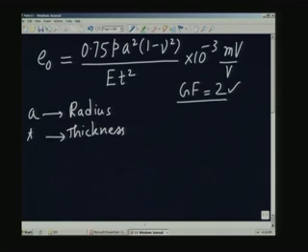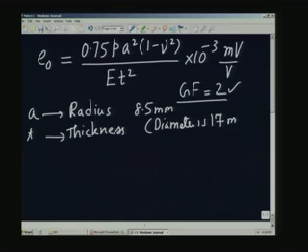So, the value of A I am going to use is 8.5 millimeters, or the diameter is 17 millimeters. Okay.